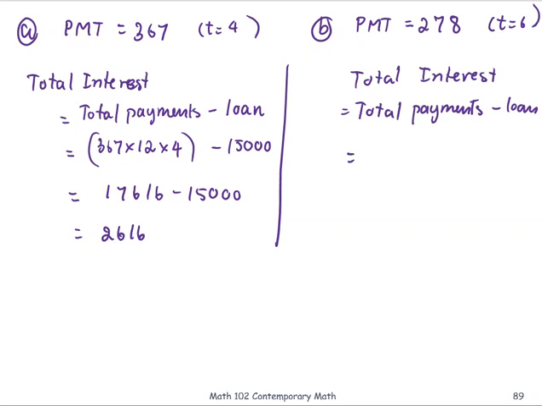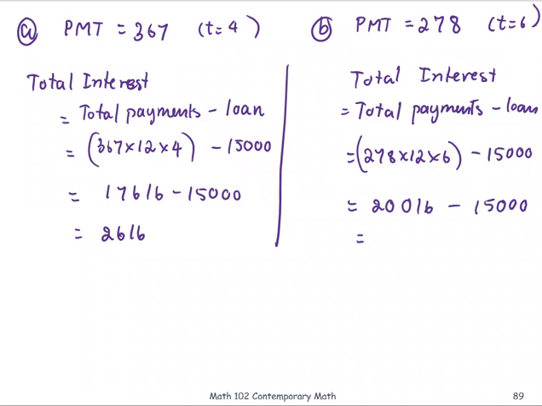Then with the monthly payment 278 for 12 months and overall 6 years, subtracted by the loan, which is $15,000, the total payment comes out to be 20,016 minus 15,000. Therefore, the total interest from choosing installment loan B will be $5,016.